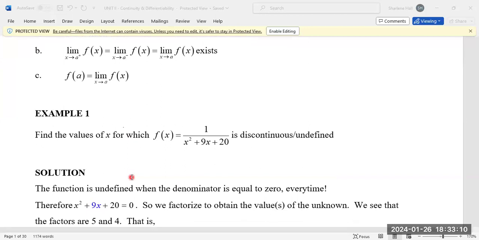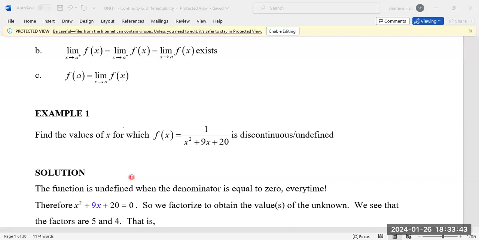So if you're going to the exam and the question says, f of x is equal to 1 over x squared plus 9x plus 20, state the values of x for which the function is undefined or discontinuous, whatever the situation is, your first statement should be the function is undefined, or you can say discontinuous, when the denominator is equal to 0.